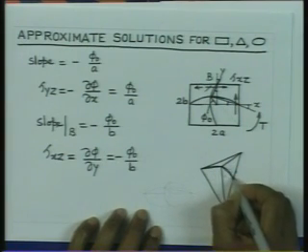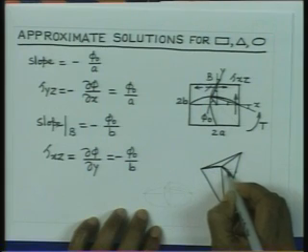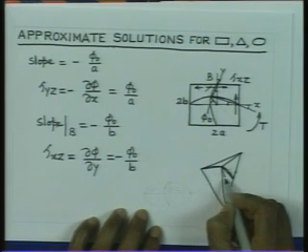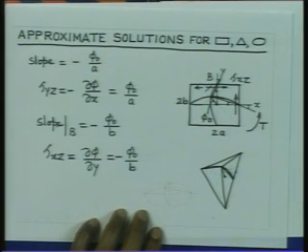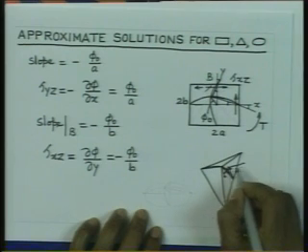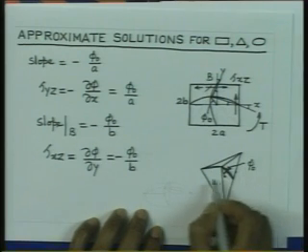Therefore, you can now immediately get the feeling that this is the CG of the triangle, and therefore the maximum height is equal to phi 0 here.